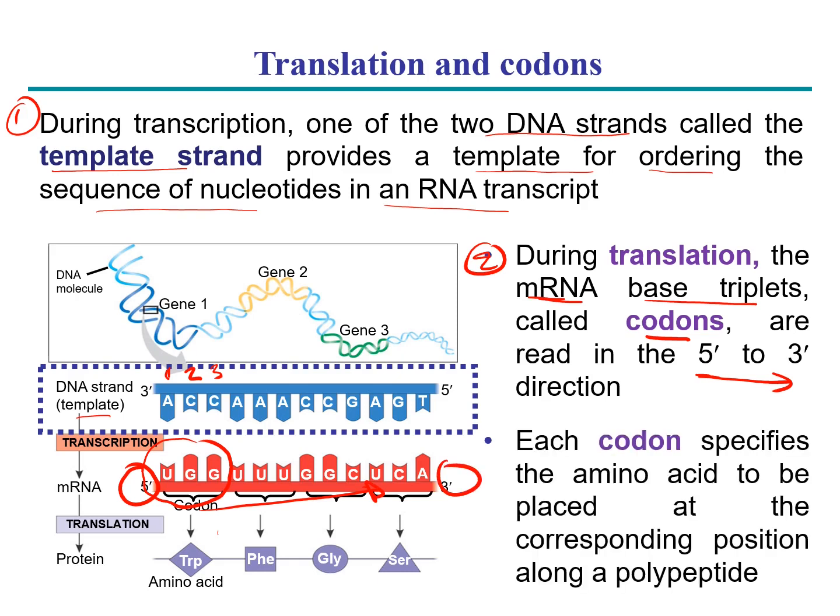And finally, that each codon specifies the amino acid to be placed at a corresponding position along the polypeptide. So this one is first and this one is last, depending on the codon that you have here.